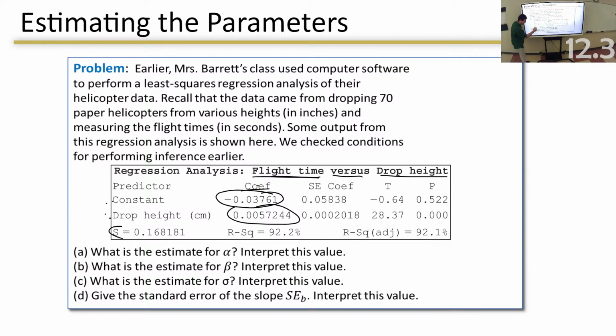Here is S, if you guys can remember from chapter 4. That is the standard deviation of the residuals, which 0.16 means that those points are pretty close to that line. There's not a big difference in those residuals. Remember R squared.